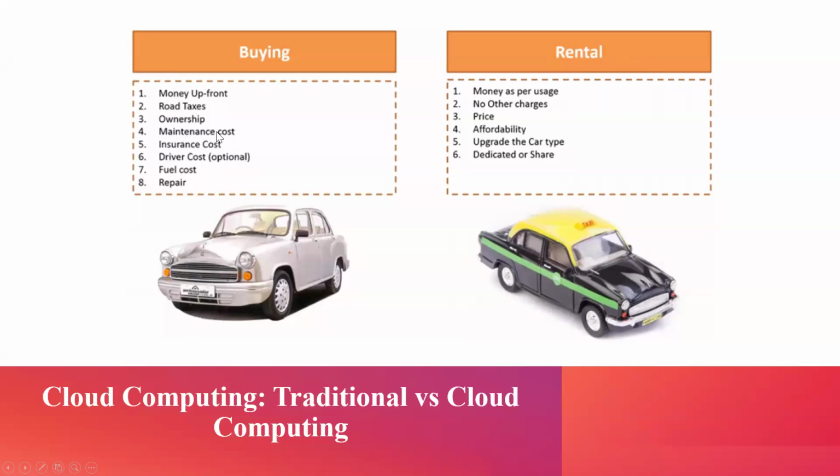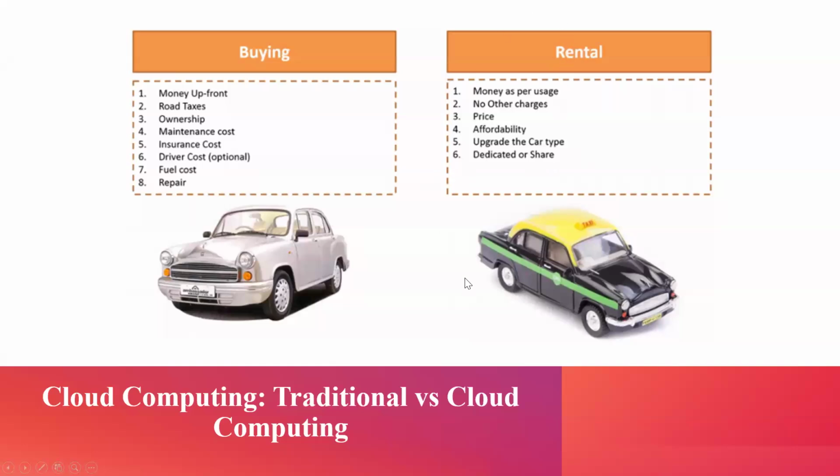Any maintenance cost, insurance cost, driver cost, fuel cost, repair? Nothing, no other charges. The price is also affordable, sir. And you can also upgrade your cars based on your need. You can go for 7 seaters, you can go for 5 seaters. Also one advantage here, you can take a dedicated Ola, dedicated Uber or Grab, and you can book the slot, or you can go for share also. That is also one advantage.